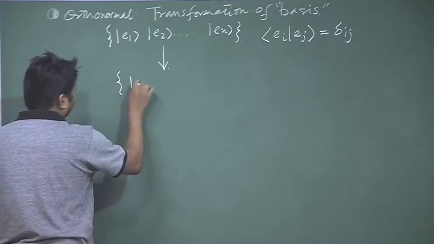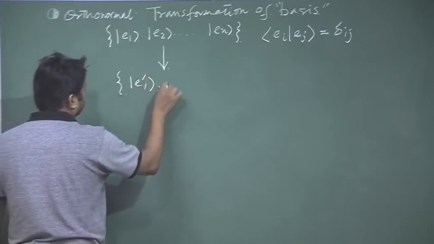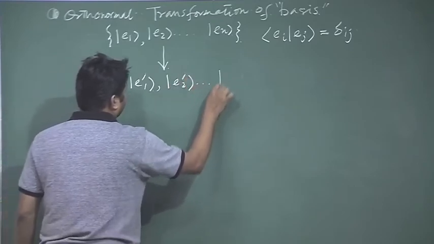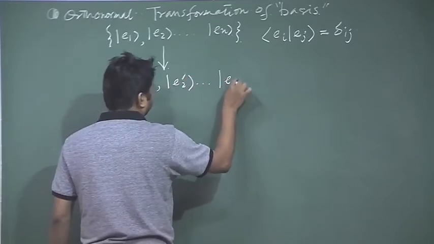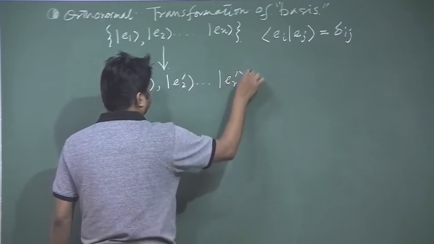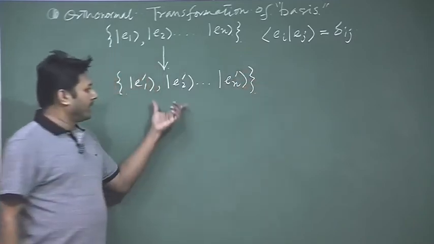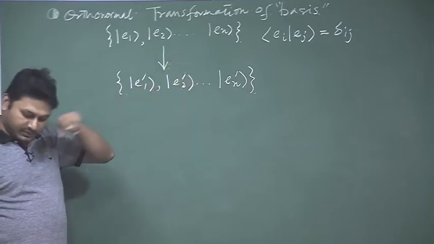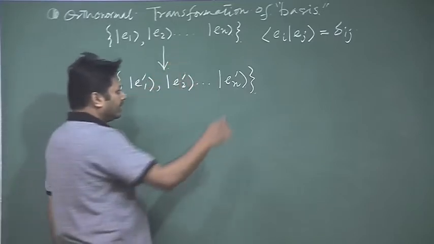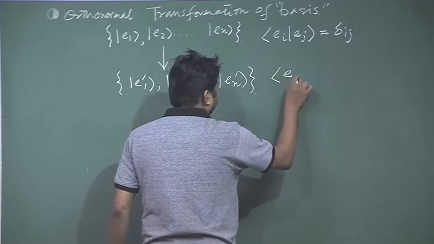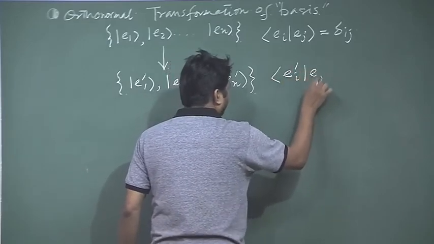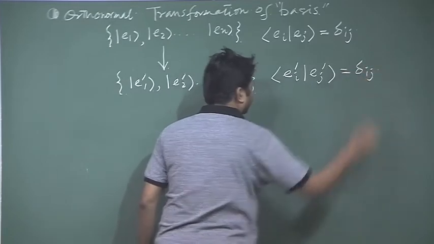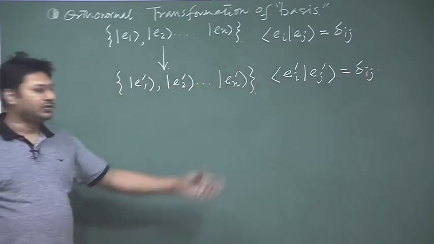and I find another set of bases E1 prime, E2 prime, En prime. I can transform that through the T matrix that I already showed. If I do that, then I demand that my new set of bases will also follow this formula.